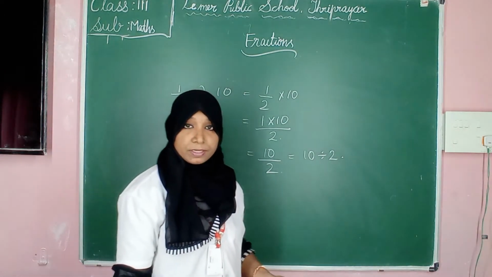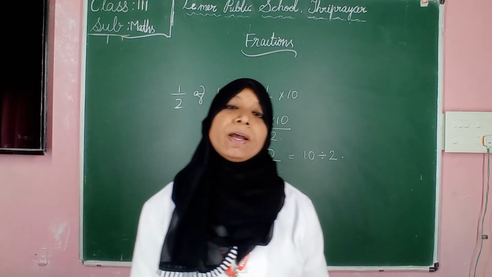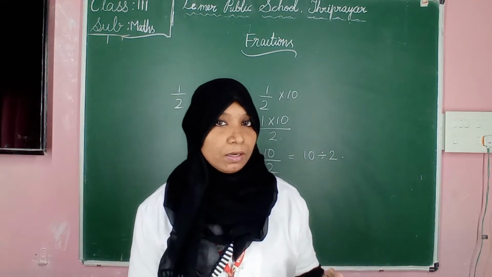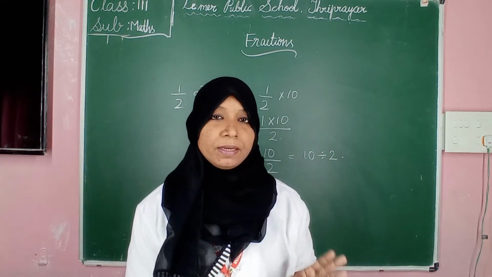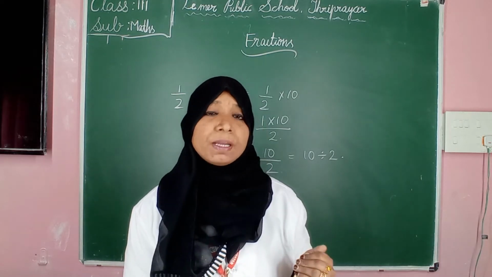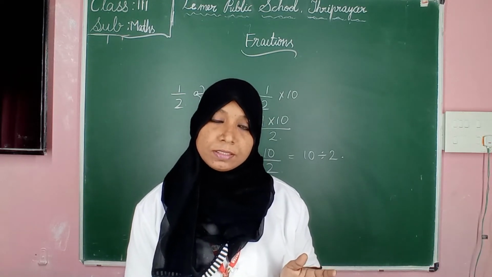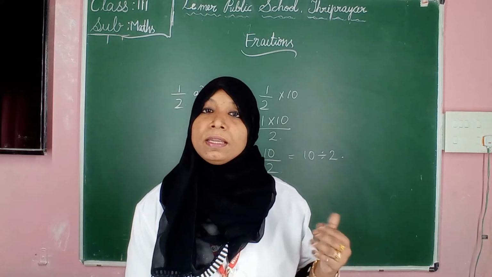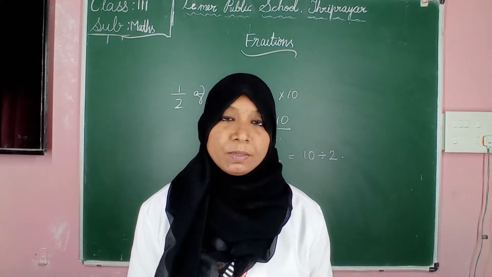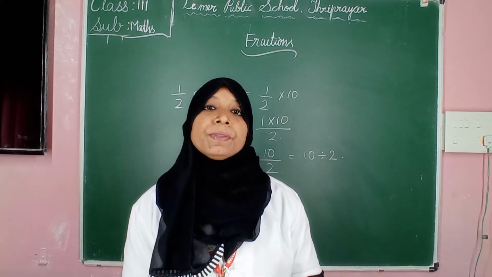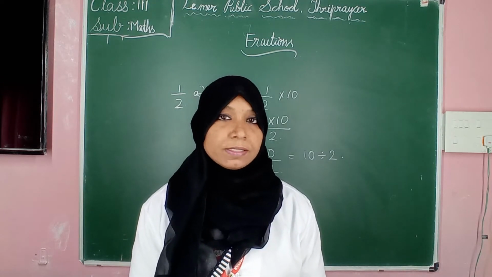From the multiplication table of 2, we know 10 divided by 2 equals which number? 2 into which number equals 10? Children, already we know how to find the quotient using multiplication tables, isn't it?